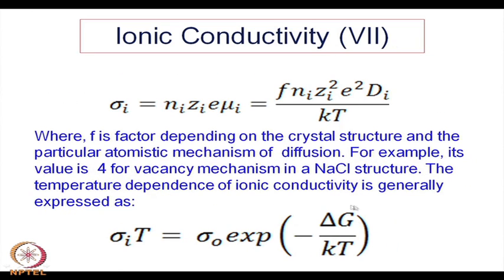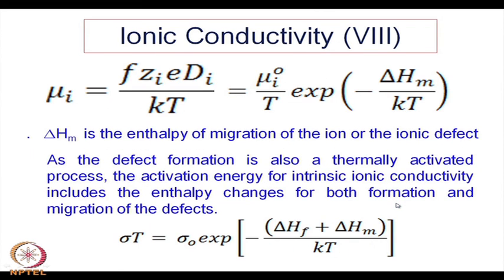This delta G now may have two different components. One is called the migration, that is the actual mobility, migration of the defect. But as defect formation is also a thermally activated process, the activation energy for the intrinsic ionic conductivity includes the enthalpy changes for both formation and migration of the defects.